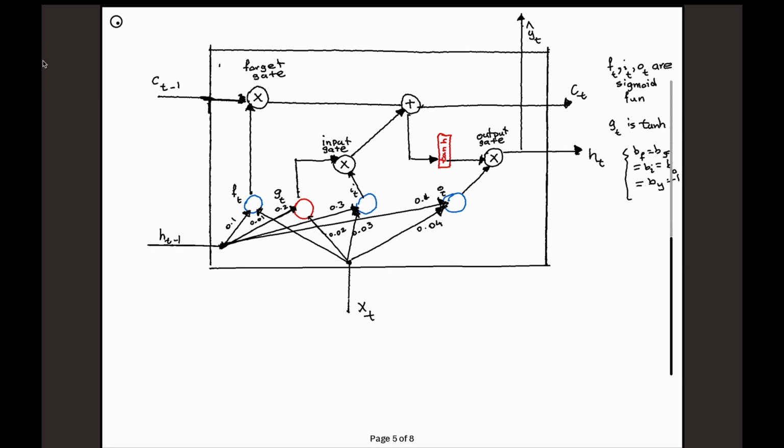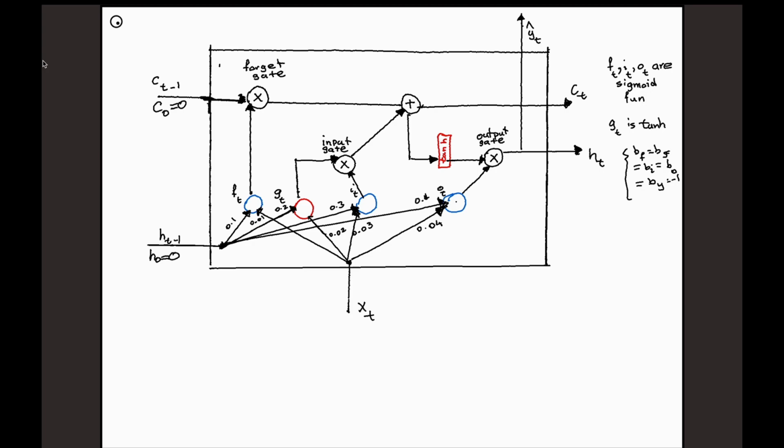Okay, so here, as I said, we have a fully connected network. X is connected to F, G, I, and O, and H is also connected to F, G, I, and O. Here, H0, the initial state, is 0. The initial state of the long term is also 0.